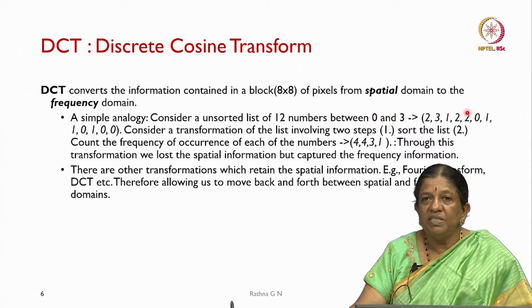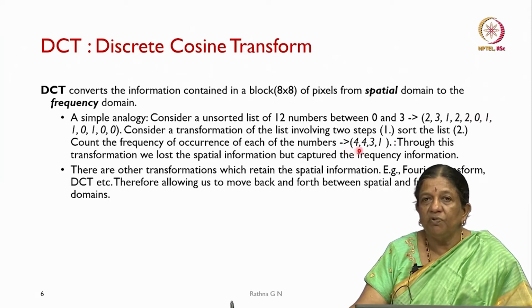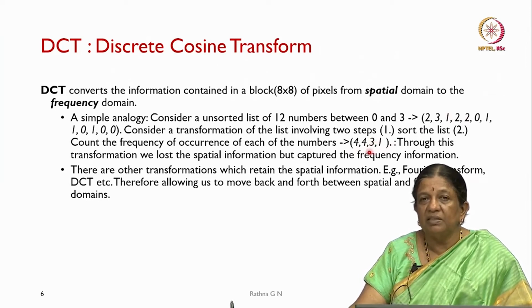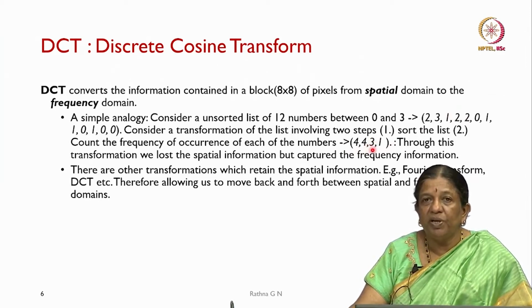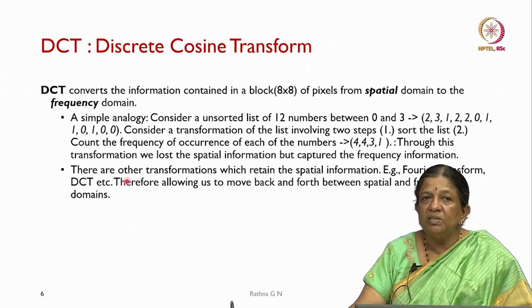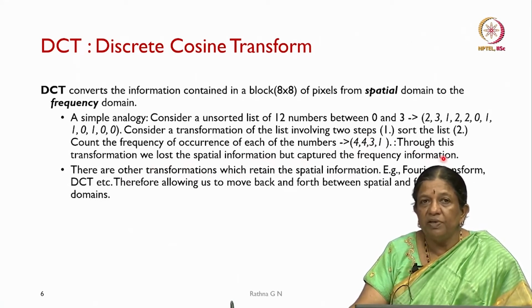So, how many times did these get repeated? You will see that 2 is repeated 4 times, and 3 is repeated 4 times. This is the repetition rate you will be noting, and through this transformation we lost the spatial information, but captured the frequency information, that is the frequency of occurrence of numbers we have collected.